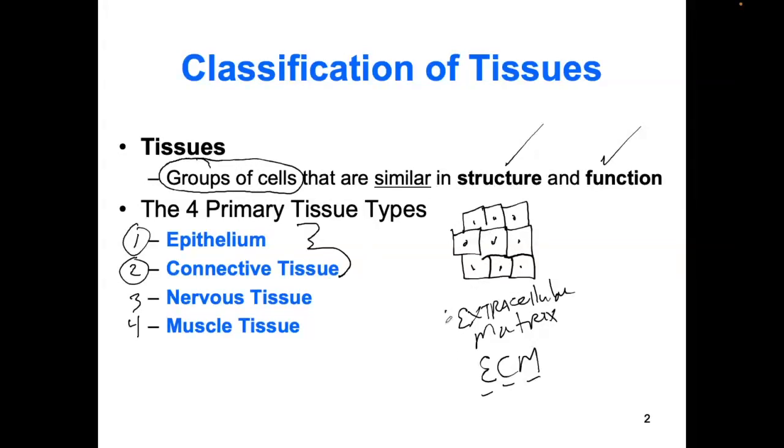If we have little extracellular matrix and the cells are closely packed together, that's going to be epithelium.